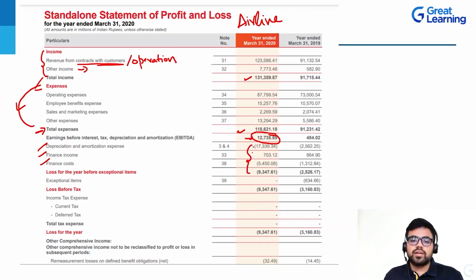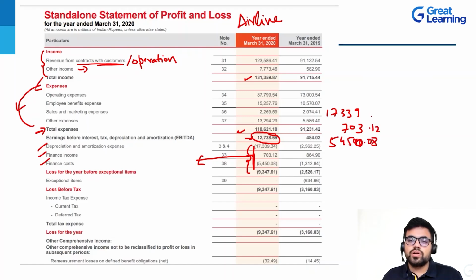Okay, so if you subtract this together, this with this, 17,339 plus 703 plus 5,450.08.12, and if you add this and subtract this, the earnings before taxation, 738.